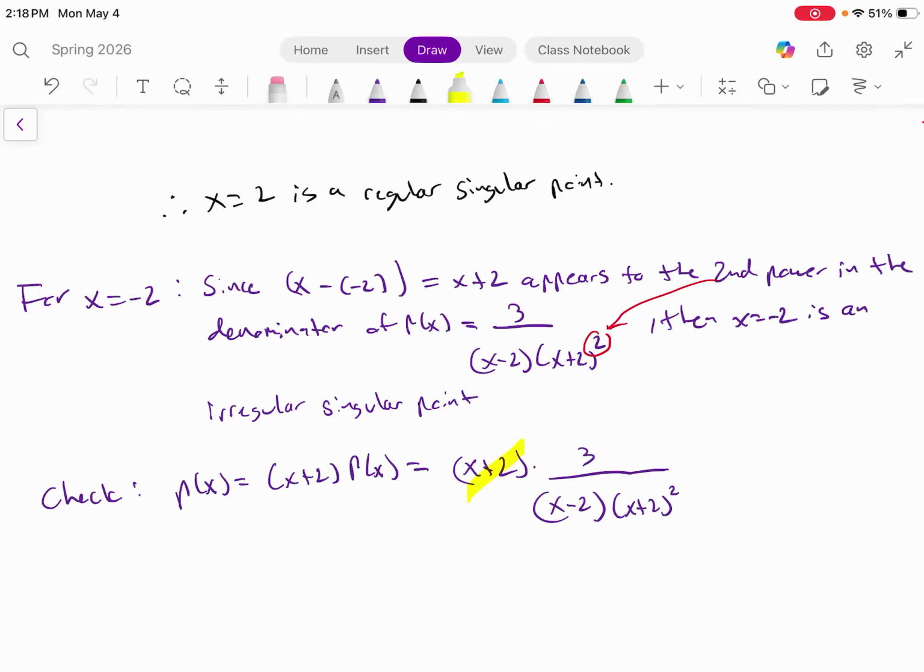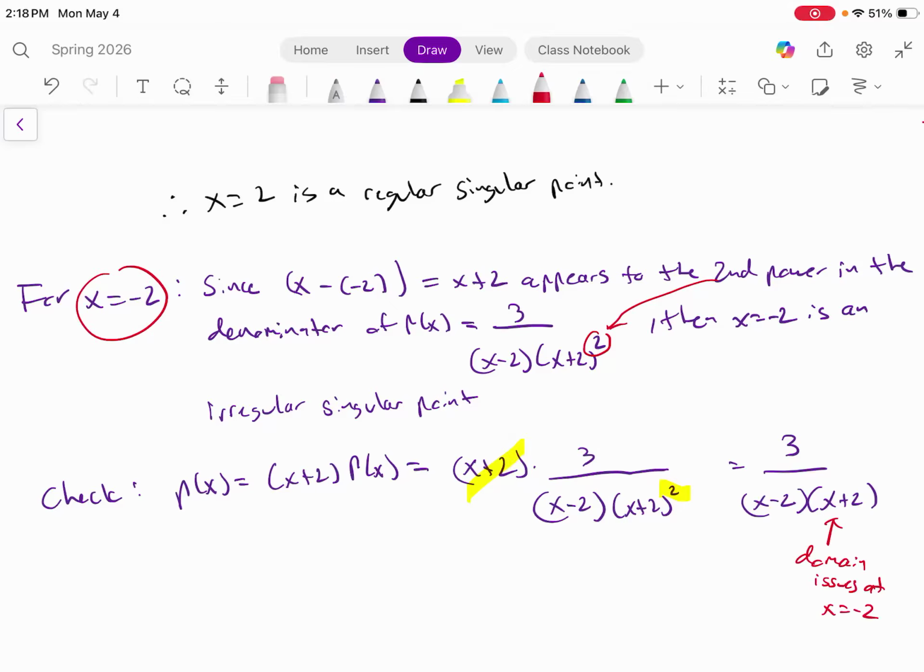Okay, sure, the x plus 2 and a copy of the x plus 2 cancel out, but I'm still left with x minus 2 and x plus 2. All right, I'm focusing on x equals negative 2. So this x plus 2 in the bottom gives me some domain issues at x equals negative 2, right?